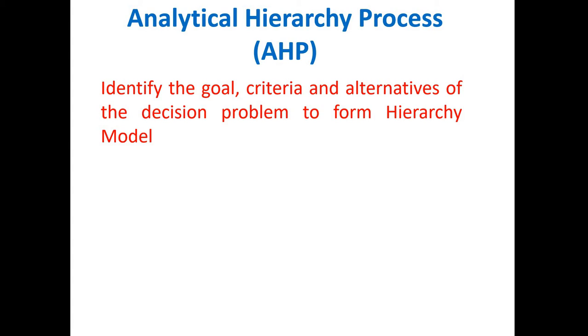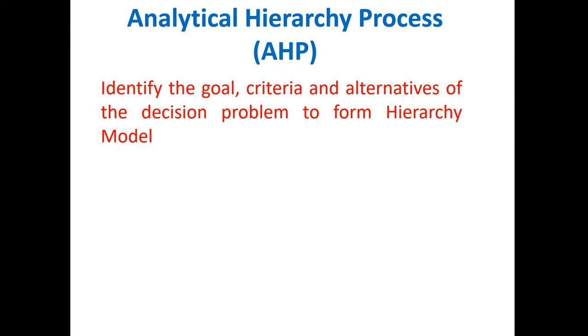The first step of AHP is to identify the goal, criteria, and the alternatives. We are already clear about our goal, that is, compare and select the best method of retrofitting for historical load-bearing masonry structures. Our alternatives are also clear, those three methods of retrofitting.